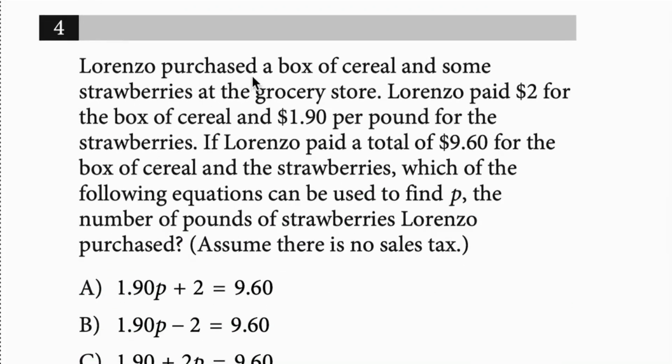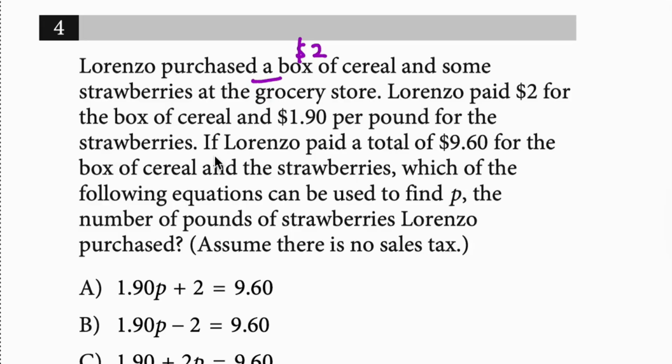Lorenzo purchased a, let's pay attention to this word because this can be very useful for our question, a box of cereal and some strawberries at the grocery store. He paid $2 for the box of cereal. Okay, so $2 for this. And $1.90 per pound for the strawberries.